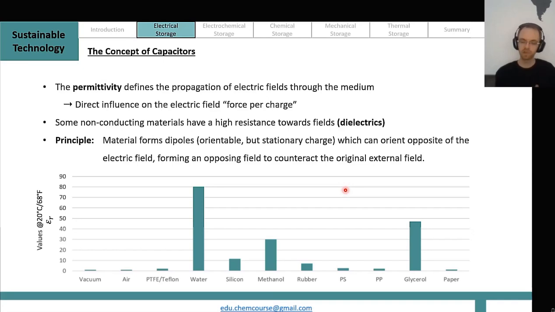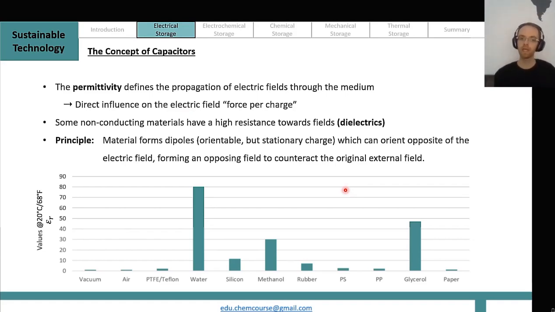Now, what is this mysterious value of relative permittivity? Permittivity defines the propagation of electric fields through the medium. Therefore, we have a direct influence on the electric field, because it is basically a force per charge. Some non-conducting materials actually have a high resistance towards electric fields. These are called dielectrics. In principle, how these dielectrics work is that the material can form a dipole.